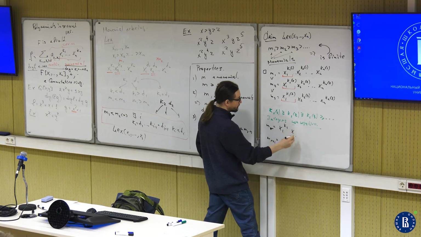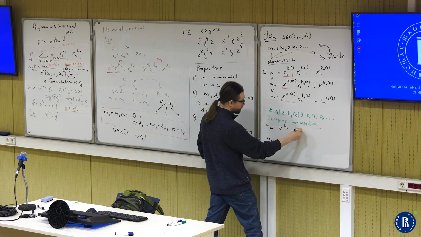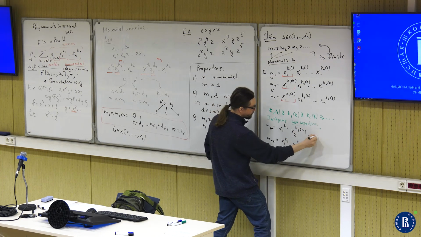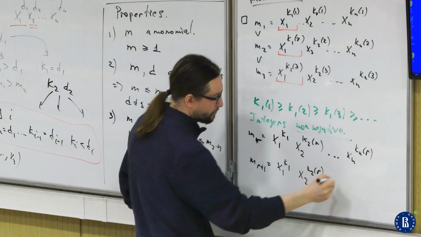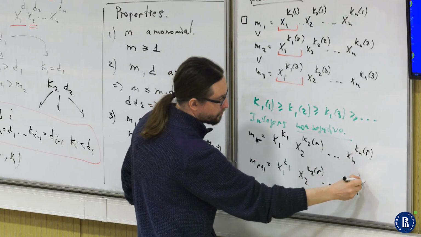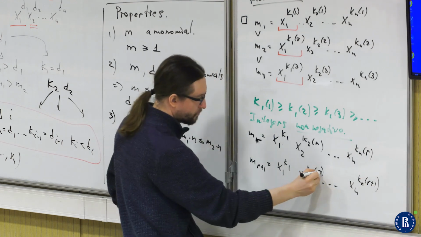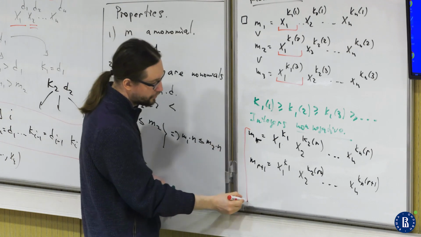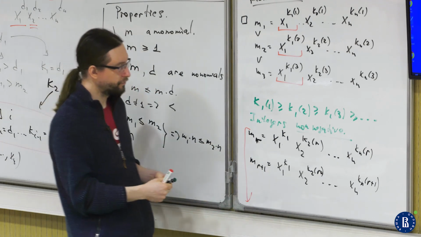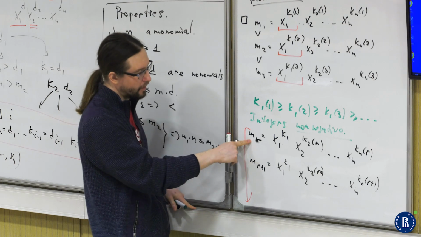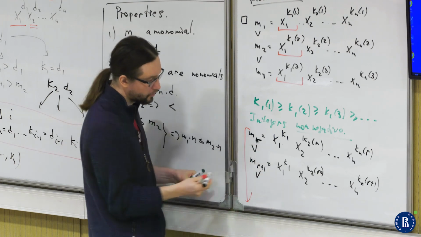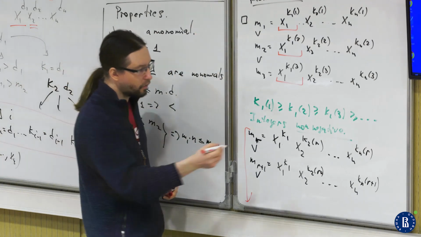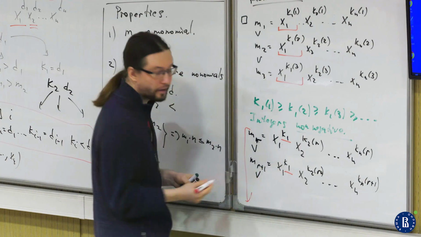The first power will be the same. Now I want to take a look at the sequence of monomials starting from this m_r. This sequence is also strictly descending because it's a subsequence of the initial one. But now all the degrees of x1 are exactly the same.